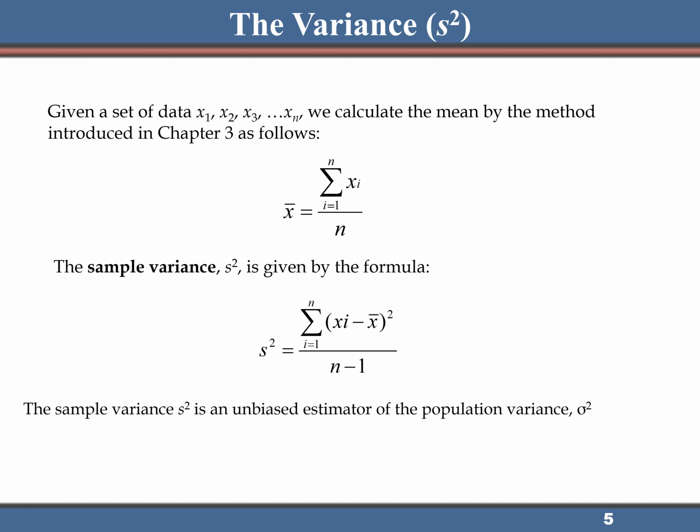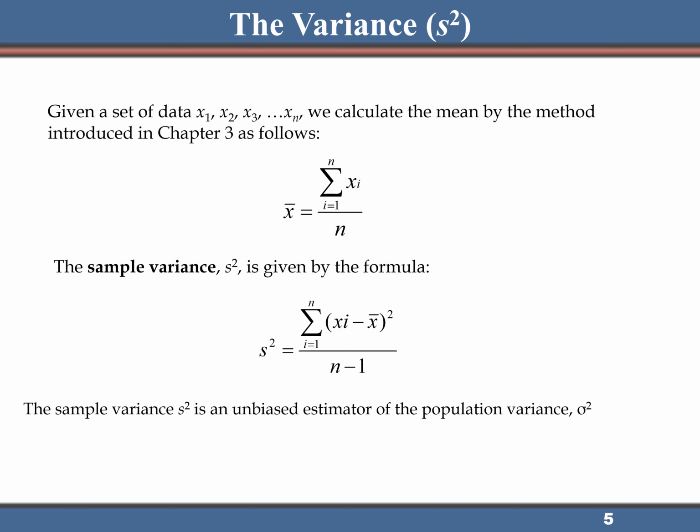The variance is an average of the squares of the deviations of the measurements from their mean. If we have a set of n values, then the mean x bar is given by dividing the sum of the measurements by n. To find the variance, we find the deviation of each measurement from the mean, then we square each of these deviations.